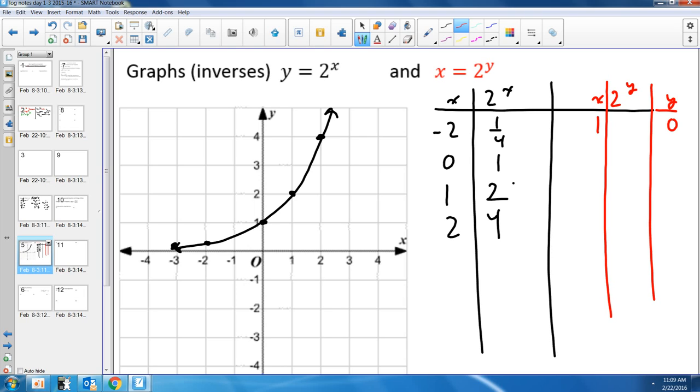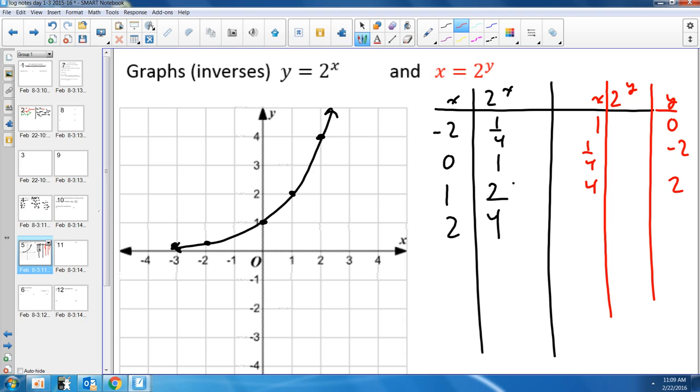If I look at y being negative 2, my x value is going to be 1/4. So there's my negative 2, 1/4 is now 1/4, negative 2. If you look at 2, for example, 2 squared is going to be 4, so we now get an x of 4 and a y which is 2 instead of 2, 4. We're switching the x and the y, inverses.